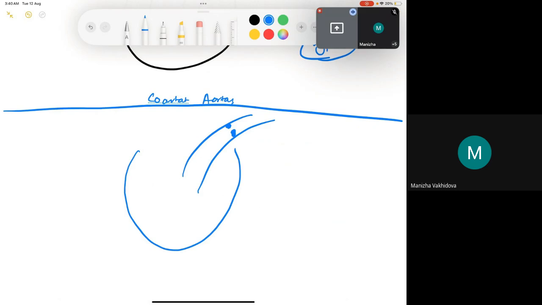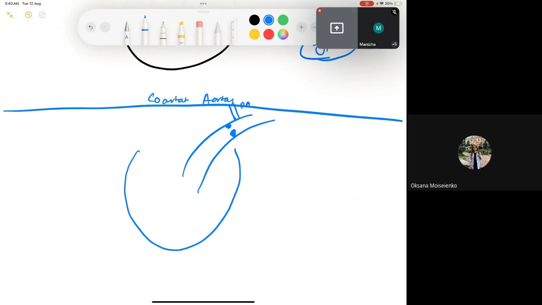If this is your ductus arteriosus, we can have coarctation or thinning of your aorta just before the ductus arteriosus, or the ligament. Whenever the ductus arteriosus closes, it makes a ligament. What's the name of the ligament?